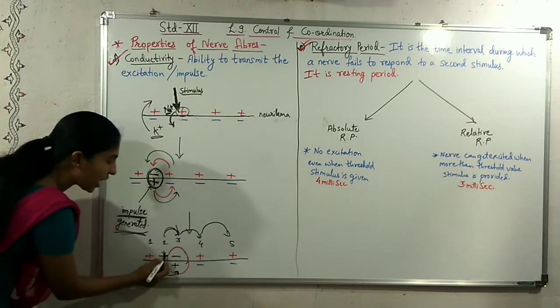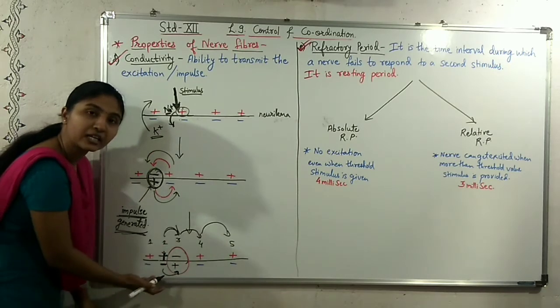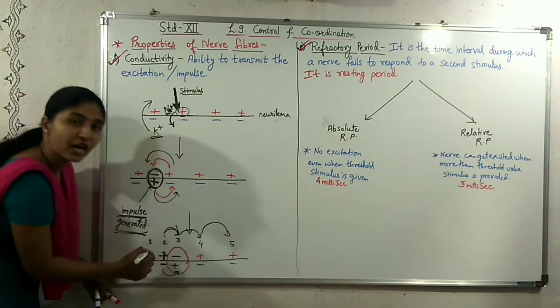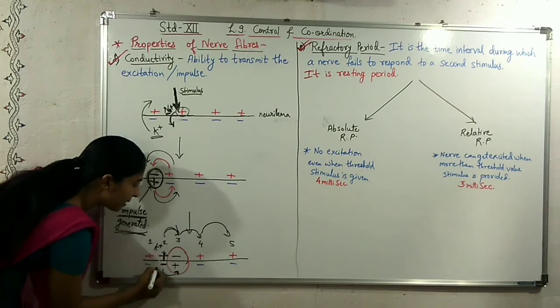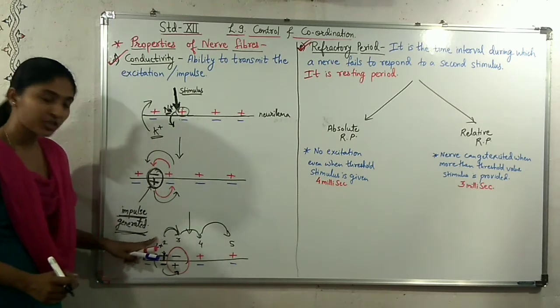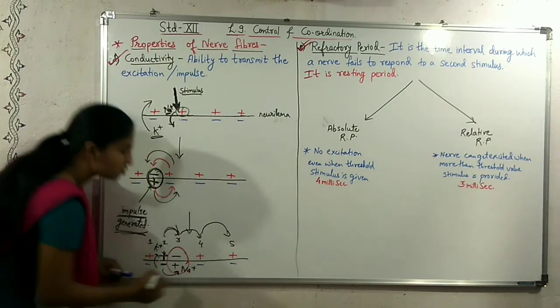So charge wise it is right: positive charge outside and negative charge inside. But here the positive charge is because of the potassium ion which was given out, and here the positive charge is because of the sodium ion.